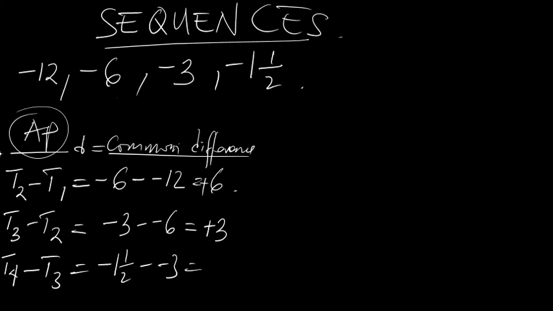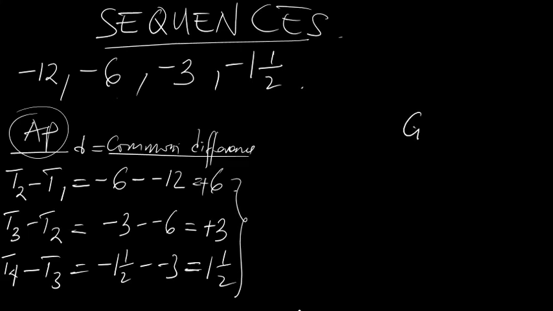This one is plus 3. So this one will now give us 6 minus 3. So 3 all over 2. So you see, there is no common difference.